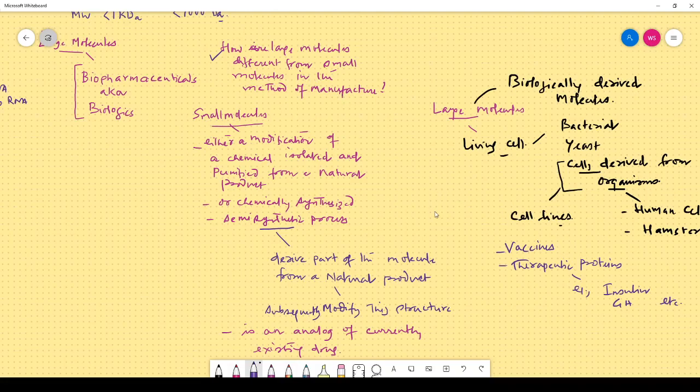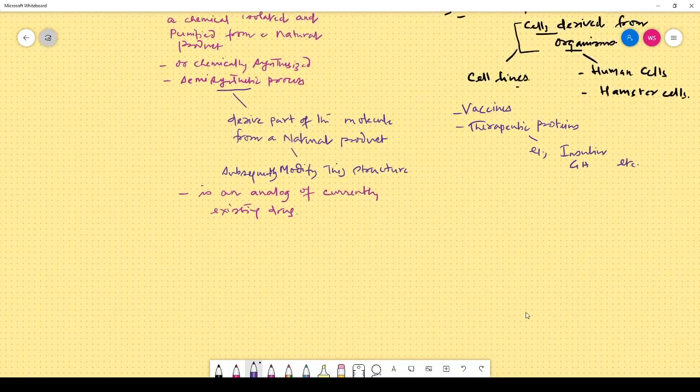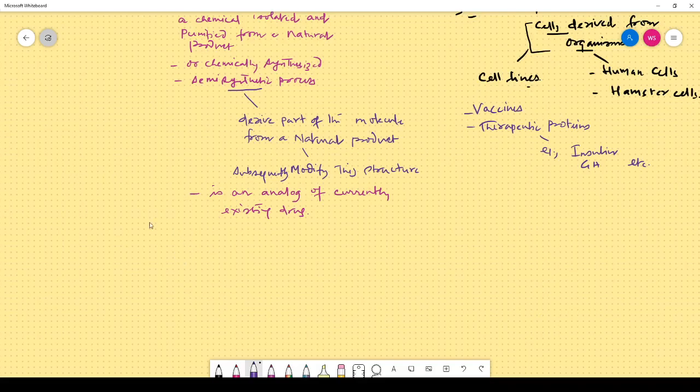Okay, so large molecules, there is also pharmaceutic differences. The pharmaceutical aspects would be small molecules are usually given per oral.